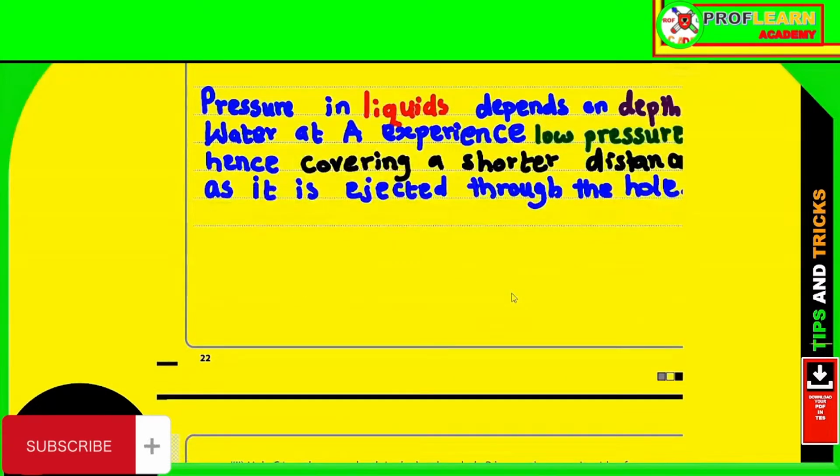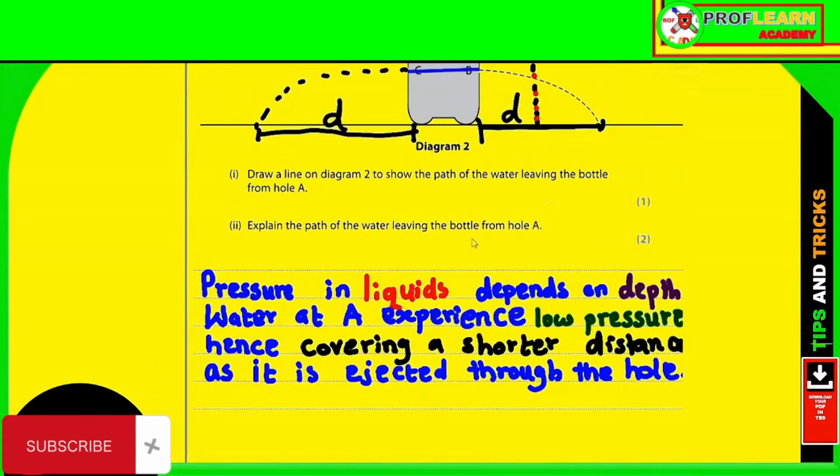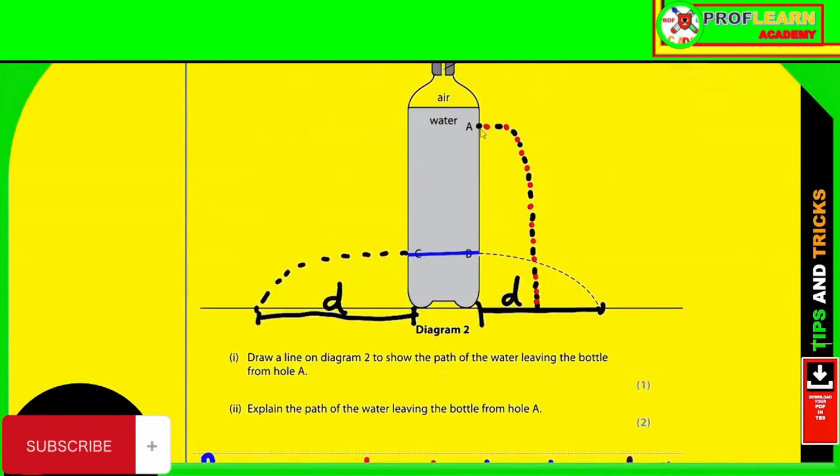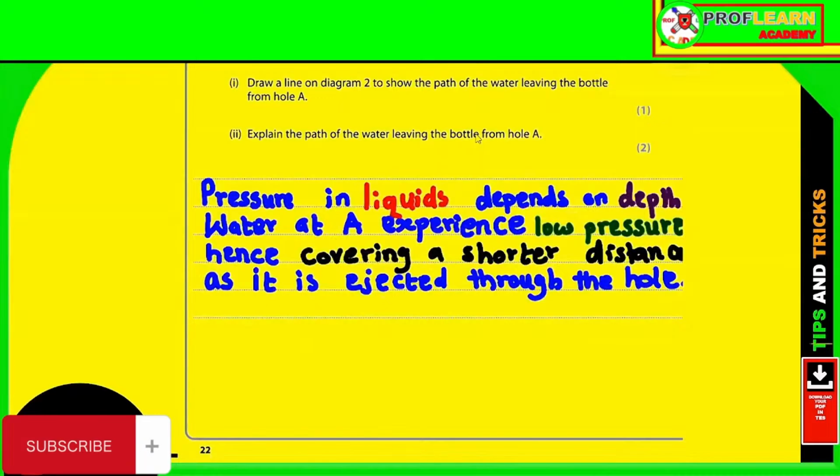Now, explain the path of water leaving the bottle from hole A. That's the question that you are supposed to explain. Why is it like this? Now we are going to mention that pressure in liquids actually depends on depth.